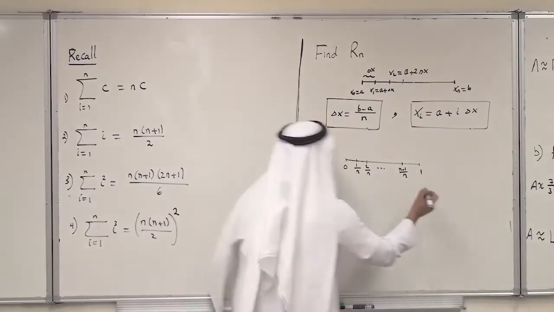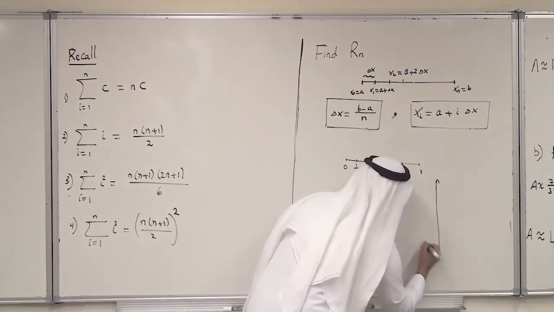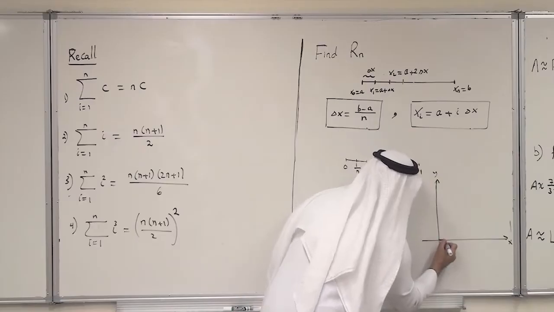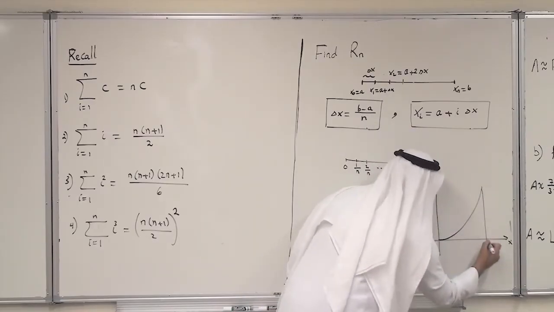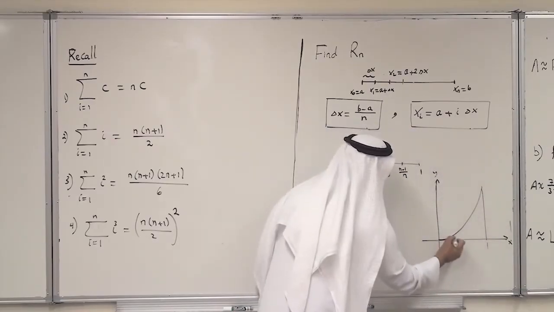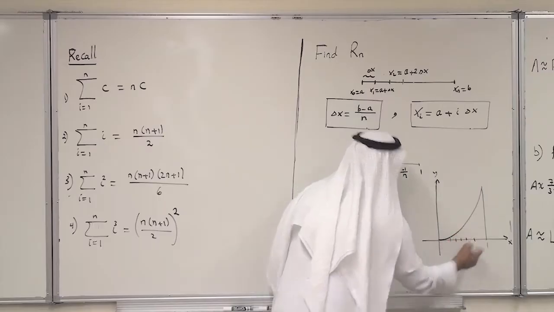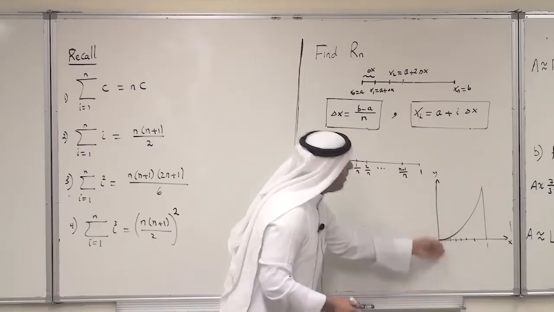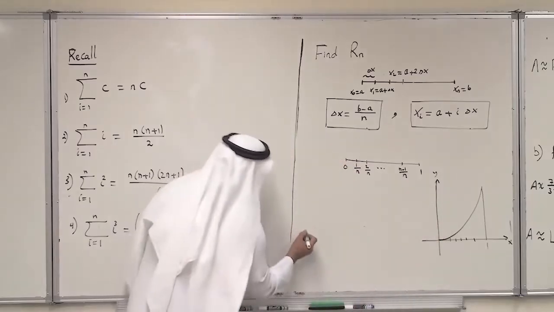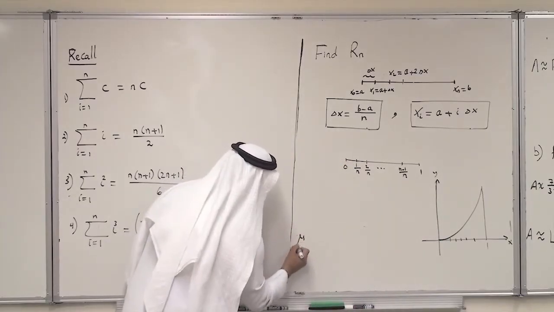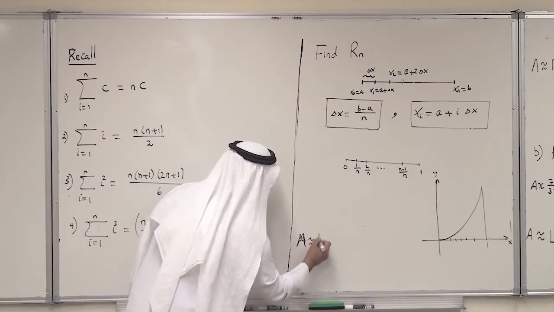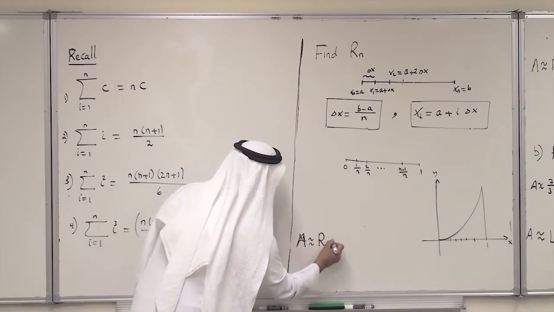Okay, going to the graph again, this is what we had before, x-axis, y-axis, we have y equal to x squared. Here, this is 1. So we divide it into sub-rectangles like this, and we have n of them. I'm choosing the height to be at the end point, so what do we have? This will be the area, the area is approximately equal to Rn, which is equal to.